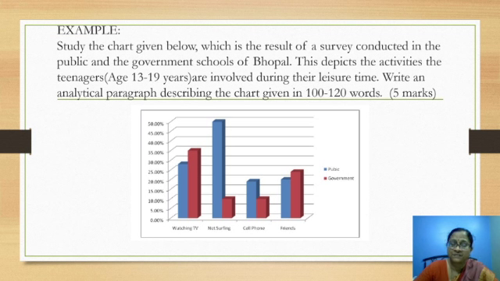And what are the activities performed by these children aged between 13 to 19 years during their free time? They are either found watching TV, net surfing, using cell phones, or spending time with their friends. Now, let me come to the paragraph.